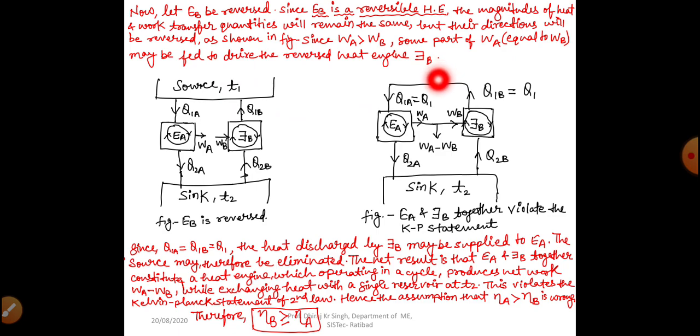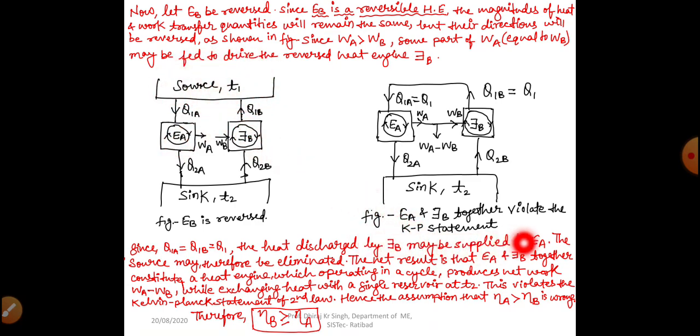Since Q1A equal to Q1B equal to Q1, the heat discharged by EB may be supplied to EA. It is saying here, if Q1A is equal to Q1B, then this particular Q1B heat discharged can be directly supplied to EA. So we will not have the need of this source T1.